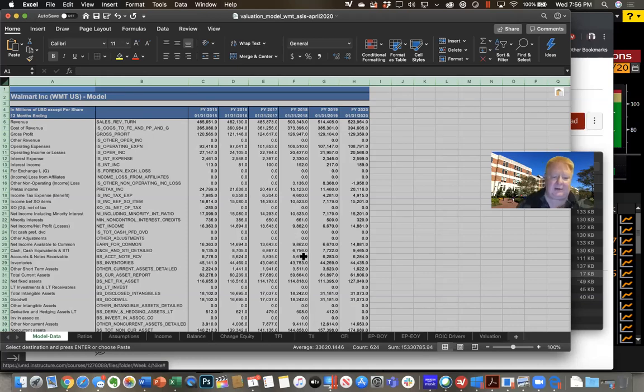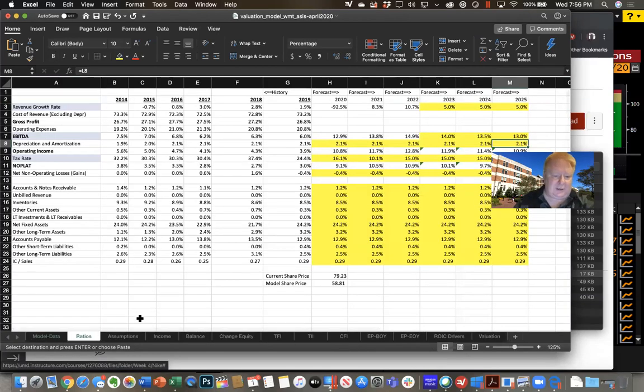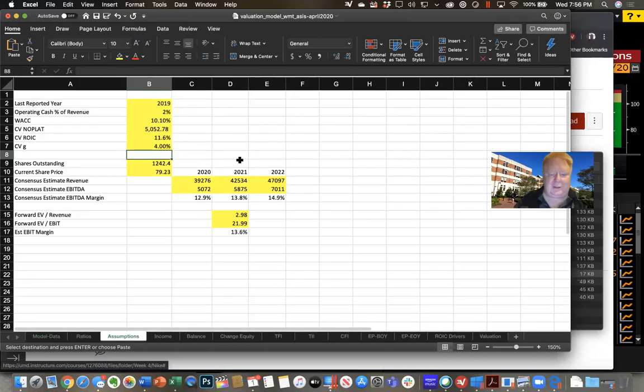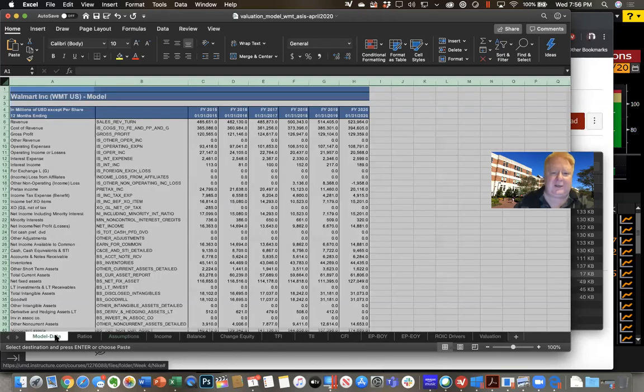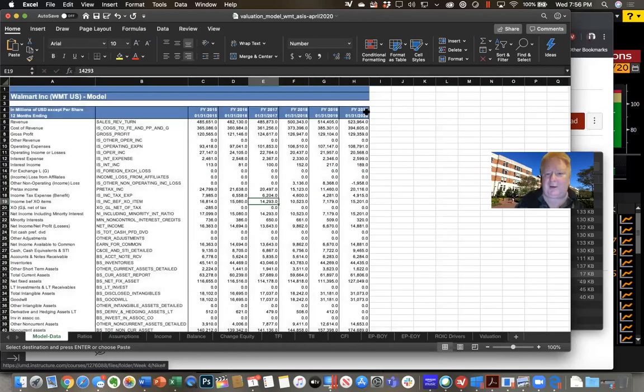Now, we have to come to the ratios and assumptions and make sure these are updated with Walmart's information. One of the first things we'll notice is that Walmart has already announced fiscal 2020, because their fiscal year ends January 31st, not December 31st.